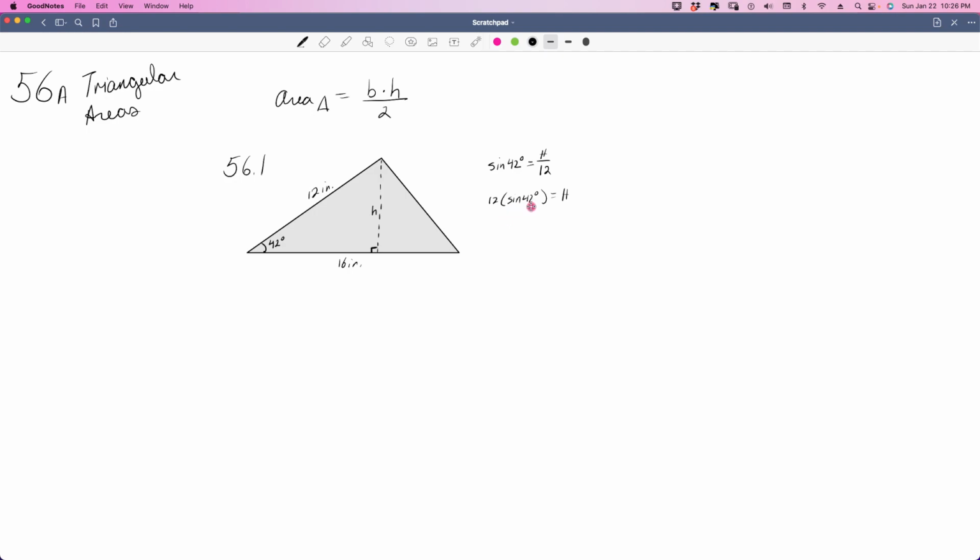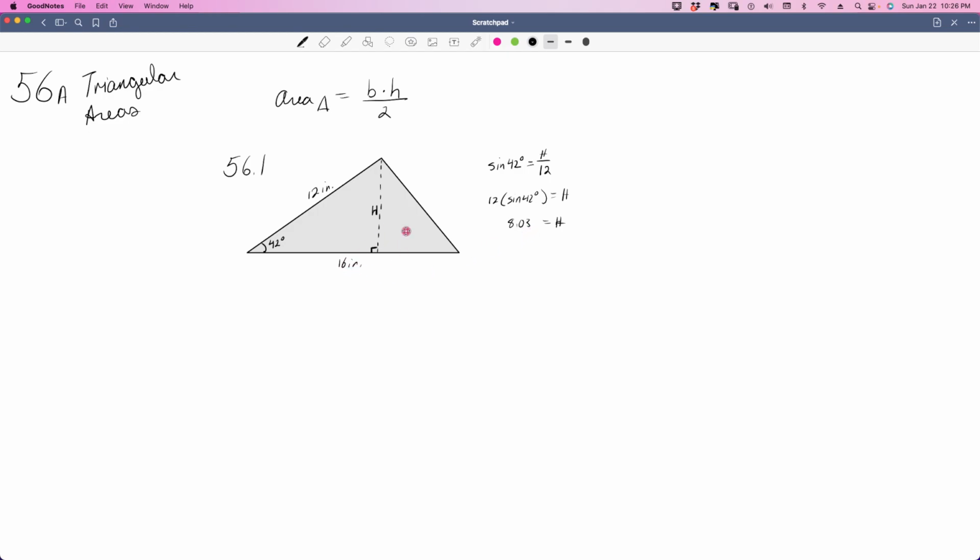It's the same thing we've been doing with finding our r's and our u's and our i's and our j's. It's just now we're going to use it to find area instead. So when we do the calculation, 12 times the sine of 42 degrees, we find out that 8.03 is equal to our height right here. I'm going to make that a capital H too, just so there's continuity. So 8.03 is the height of our triangle.